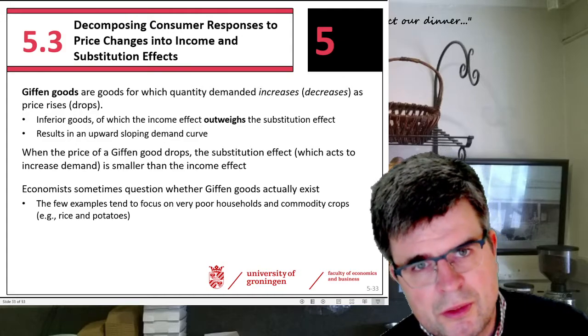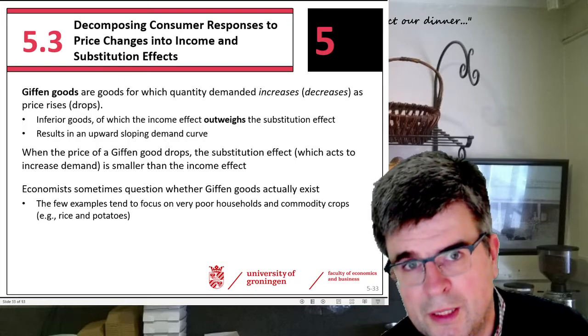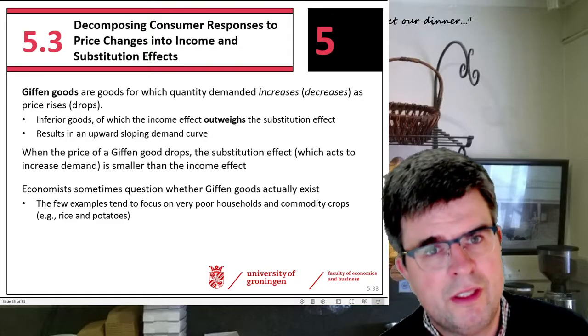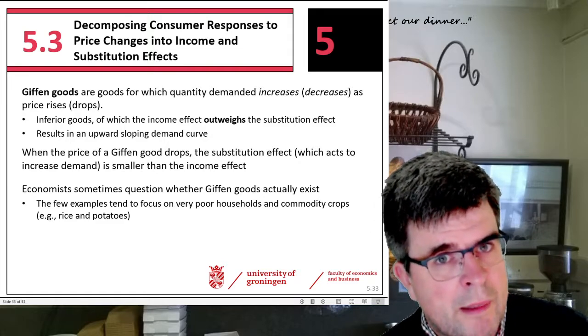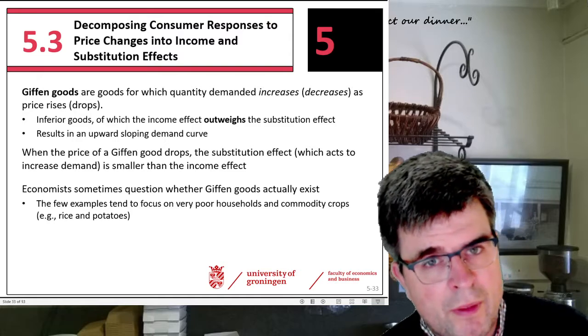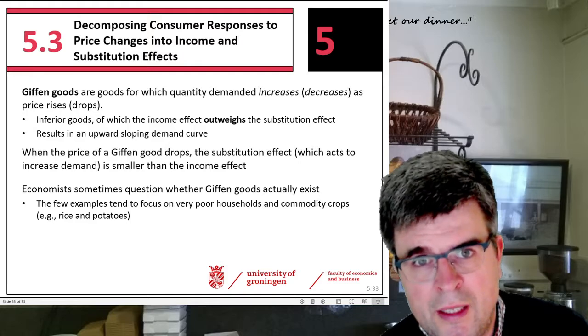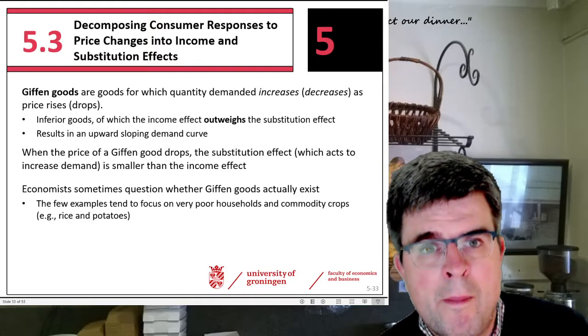So the classical example is the potato famine in Ireland in the early 1800s, when the price of potatoes increased. People needed to get their calories. So the story then is that because the potatoes became so expensive and the ordinary diet of people consisted of potatoes and a little bit of meat, but the meat, of course, is always expensive.